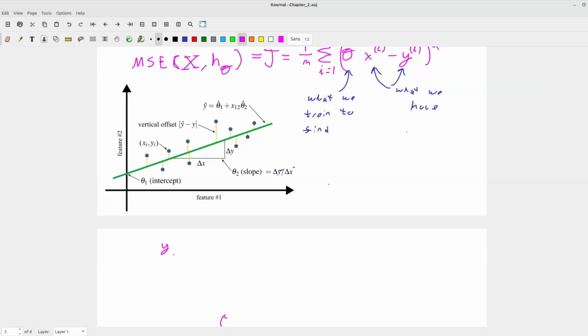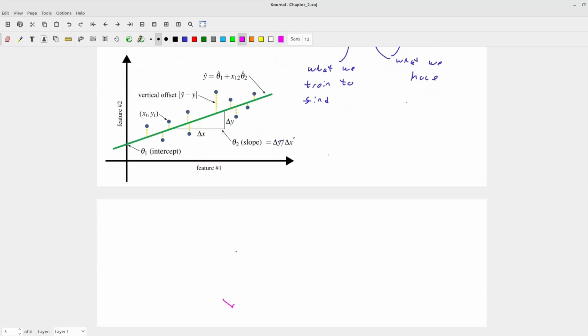I can say y of i is equal to theta 1 x of i, and that might be my feature of a model, plus theta 2. I want to write this bigger because we need to talk through the nomenclature here, and it is a bit.